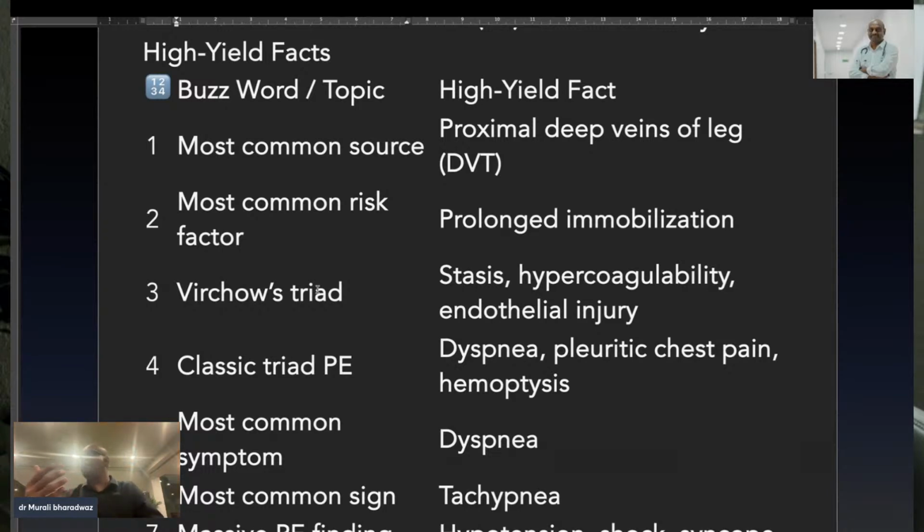Hemoptysis, dyspnea, pleuritic chest pain. Why hemoptysis? Whenever an embolus is blocking the pulmonary artery, pulmonary parenchyma will suffer from ischemic necrosis. And lung is an organ with dual circulation.